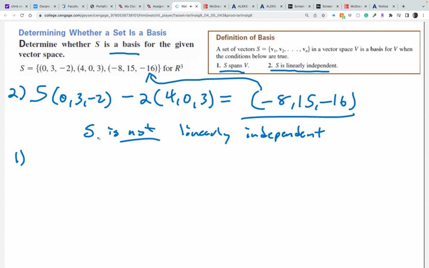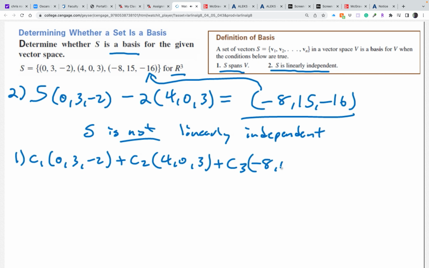So if S is going to span R3, then that means we can create any vector in R3 from these 3 vectors, meaning we can take a constant multiple C sub 1 of the first vector, plus a constant multiple C sub 2 of the second vector, plus a constant multiple C sub 3 of the third vector, and that will give us any vector in R3, for example, the vector 1, 1, 1.